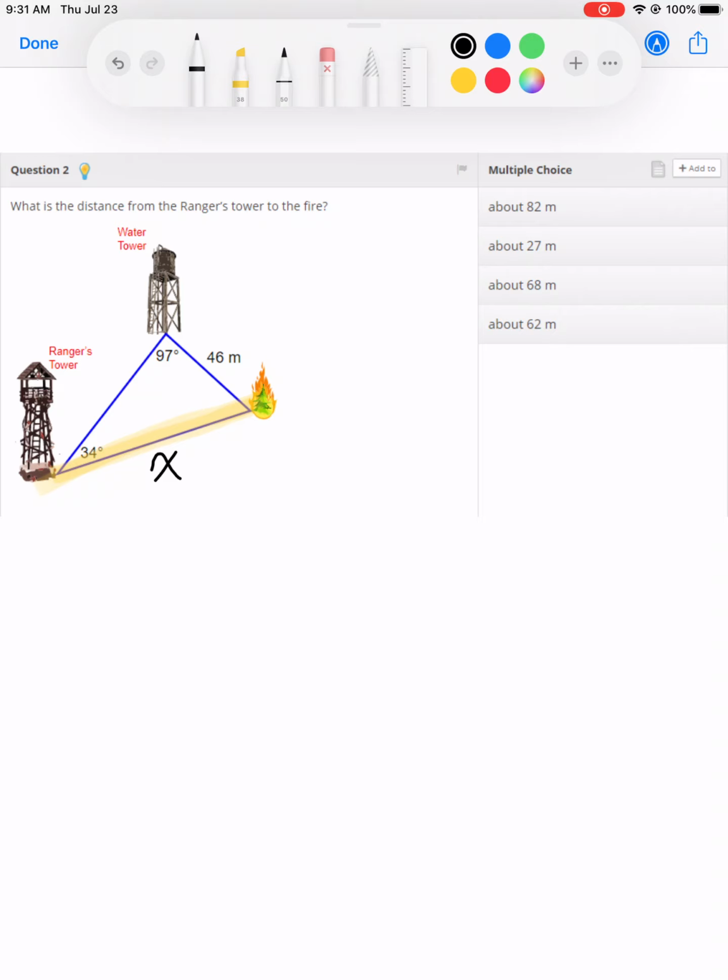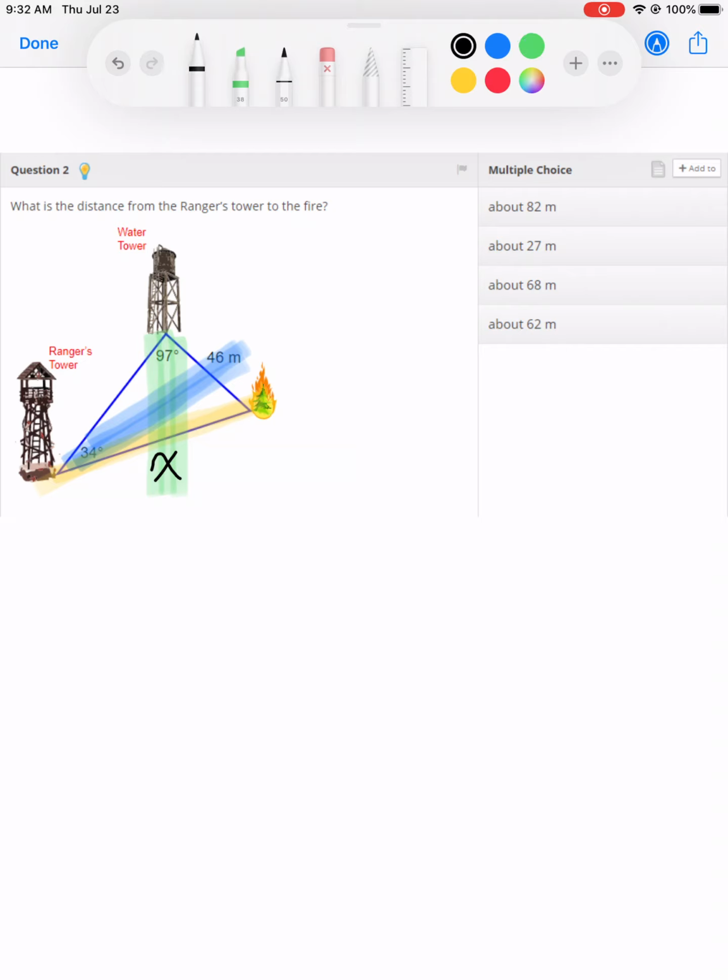In this case, we're using sine law because we have an angle across from a side length, okay? We need that in order to use sine law. If we didn't have that, we would use cosine law. In this case too, 97 is across from the value we're trying to find, which is helpful because we don't have to do extra math to get what we need.